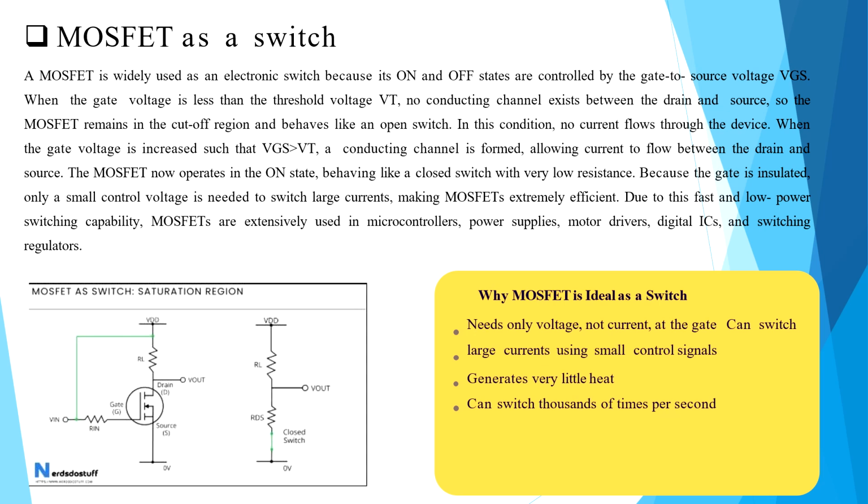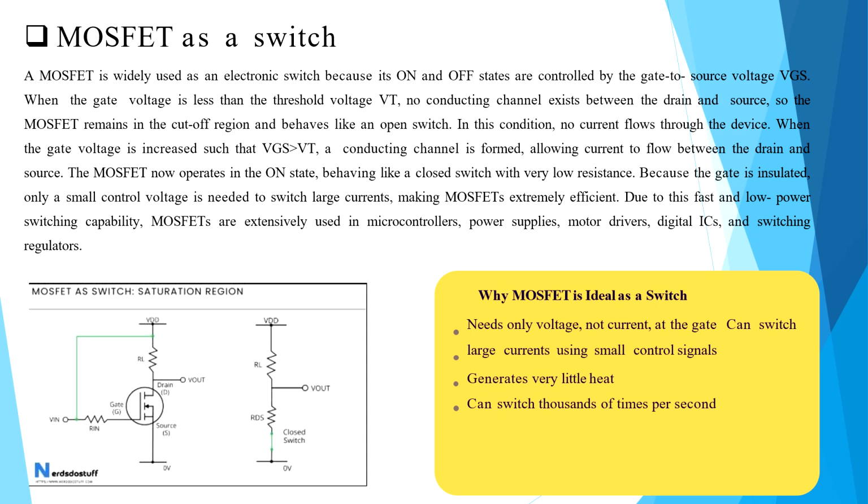When the gate voltage is increased such that VGS is greater than VT, just greater than the threshold voltage, a conducting channel is formed, allowing current to flow between the drain and source. The MOSFET now operates in the on state, behaving like a closed switch with very low resistance.